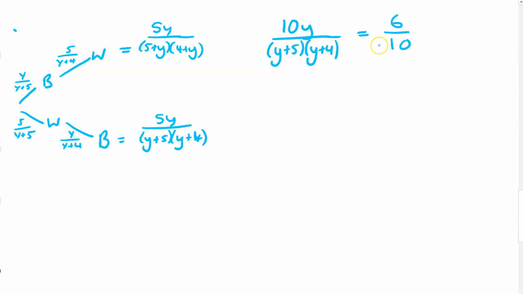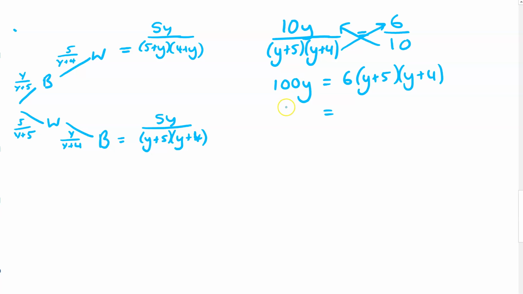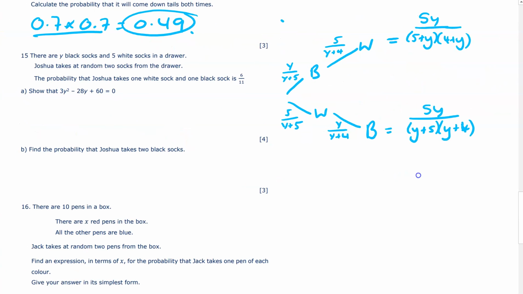Right, so I'm going to cross multiply. So I get 110y is equal to 6 times y plus 5, y plus 4. What can I do? I can expand it all out, but I might divide by 2 first, just to make the numbers a bit smaller. What have I got to do again?